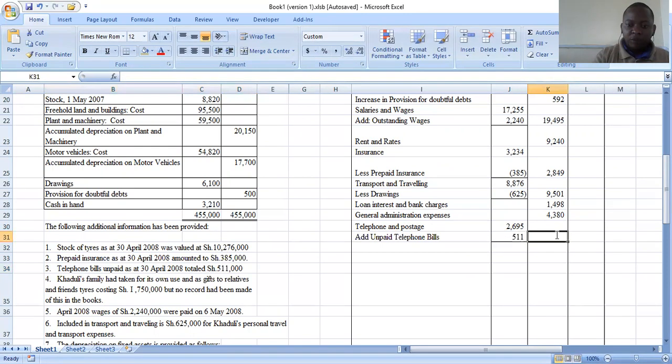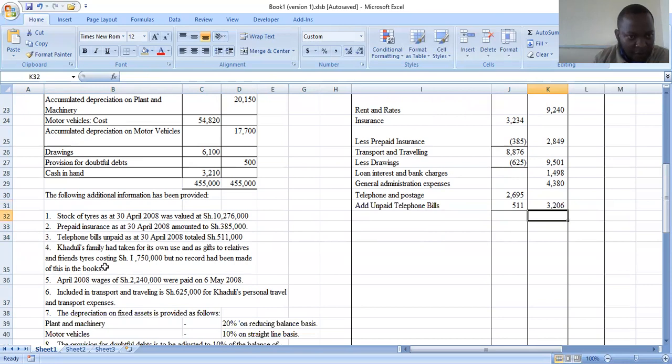We add them to telephone and postage. 2695 plus telephone bills comes to 3206.